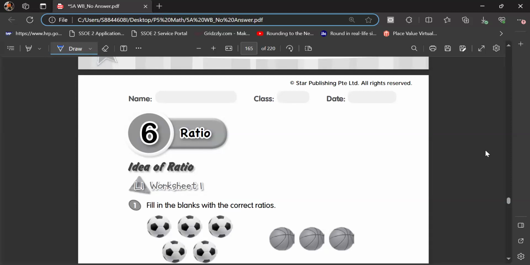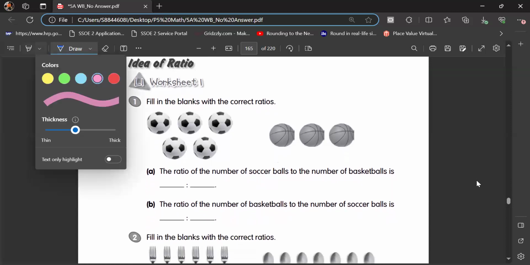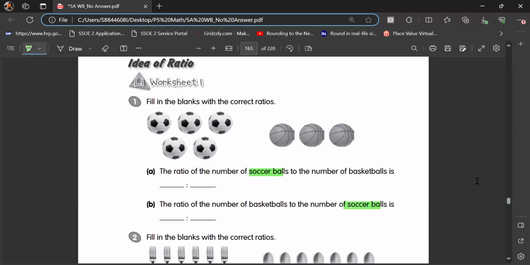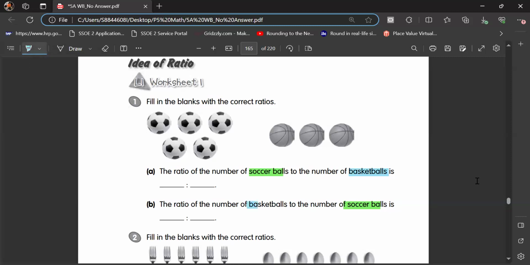Okay, so I'm going to use the different colors again. So here, soccer, basketball.